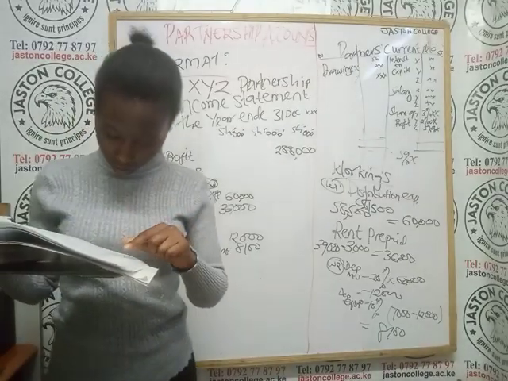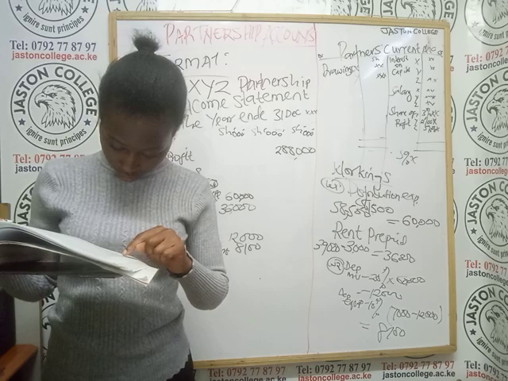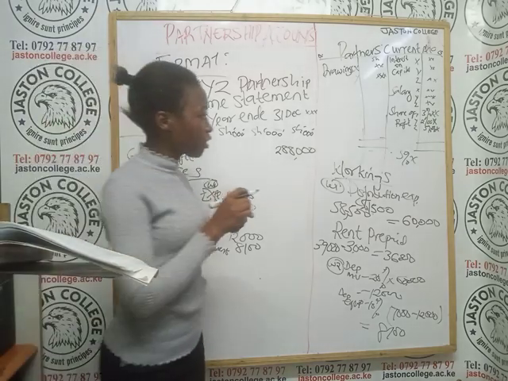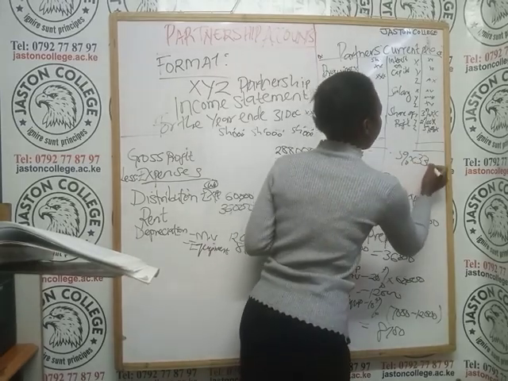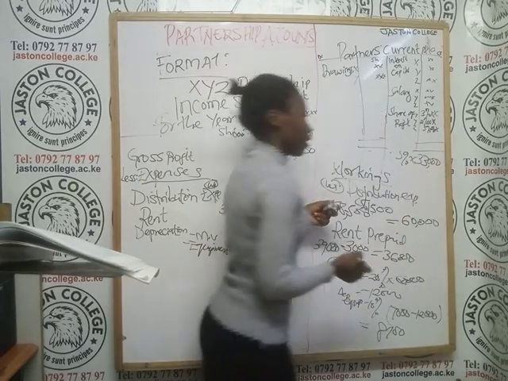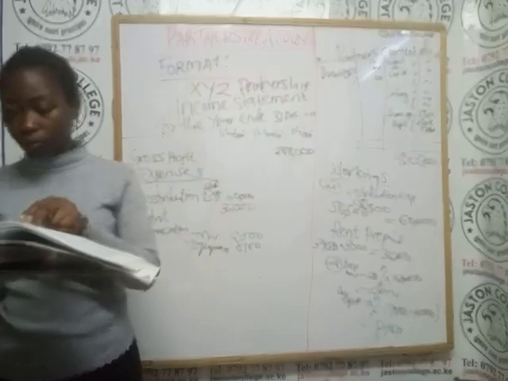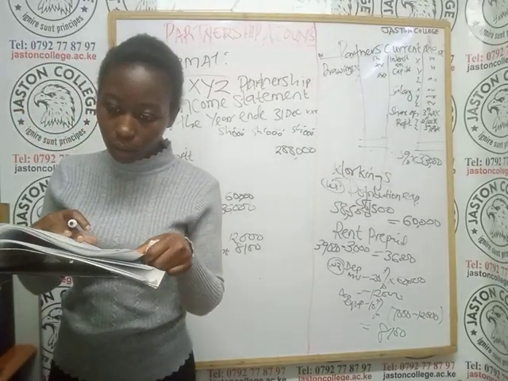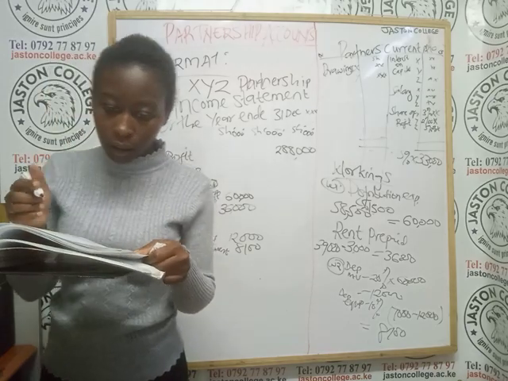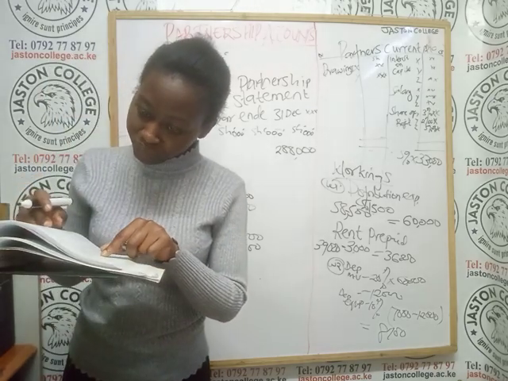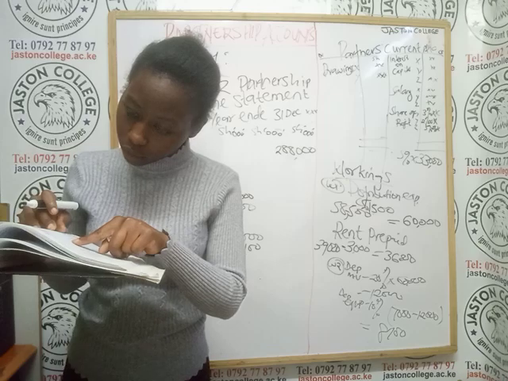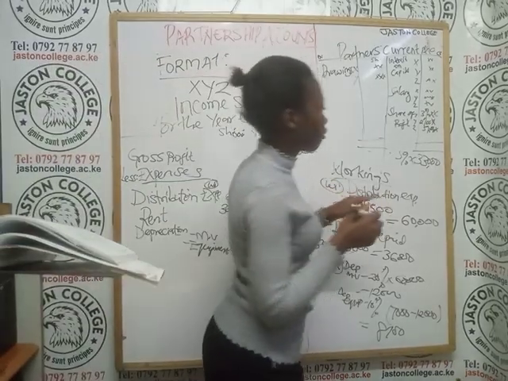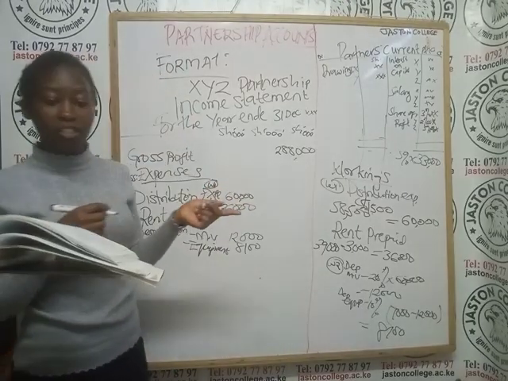How much is our receivable? Our receivable, we have 33,000. 5% of 33,000, so we will get our 5% of the accounts receivable.